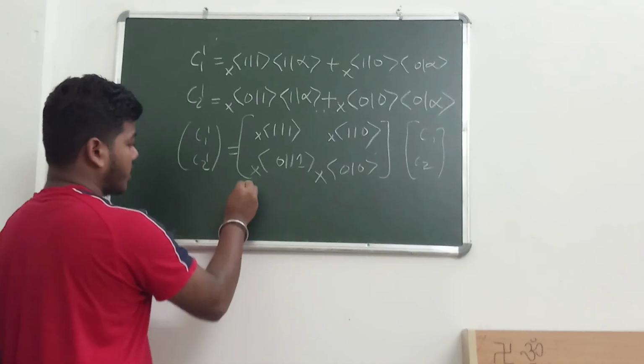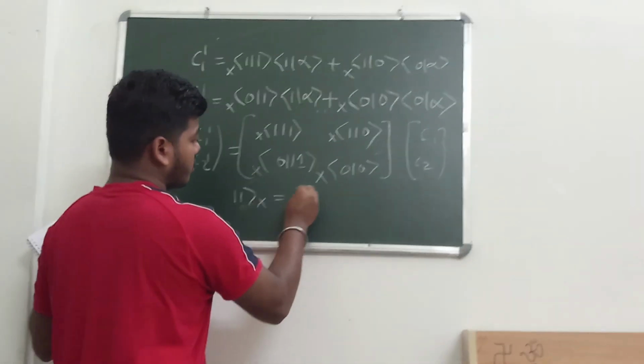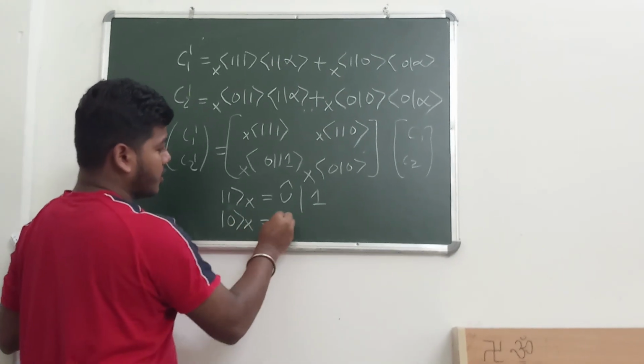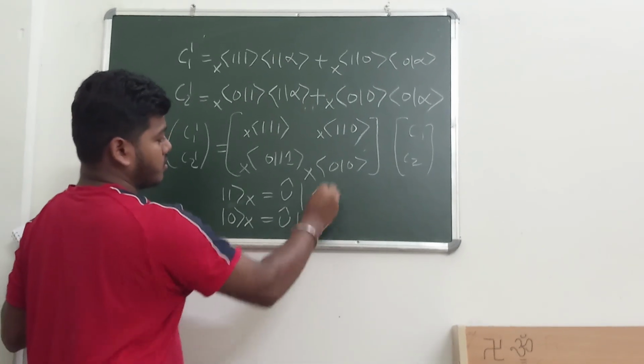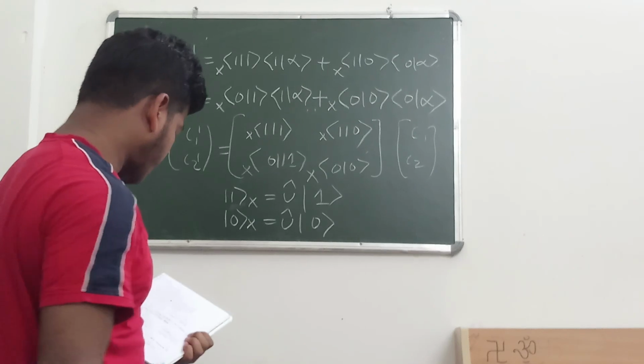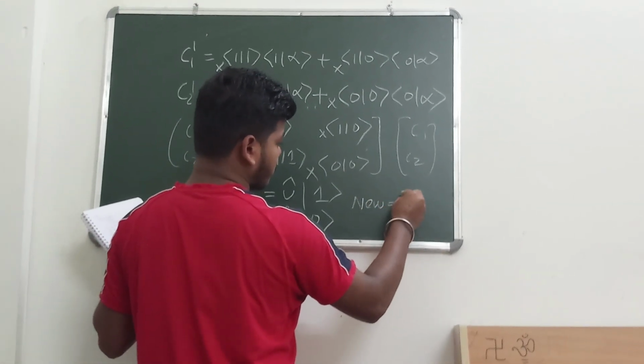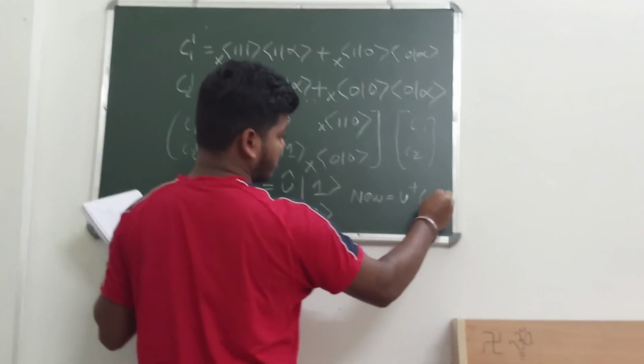Now I can write 1 x as unitary operator 1 and 0 x as unitary operator 0. Now I can write here our new is equal to u dagger into old.